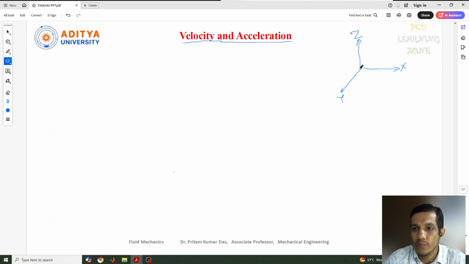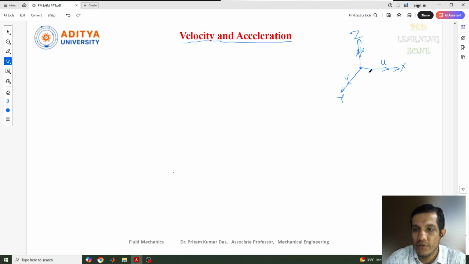The fluid which is moving in the x direction, we can consider its velocity as u, and the fluid moving in the y direction, we can consider v, and similarly this is w.